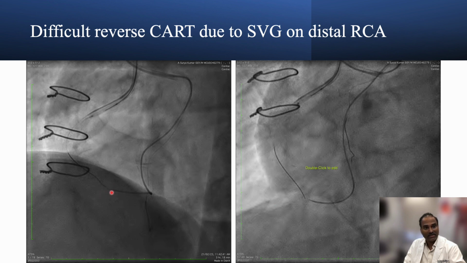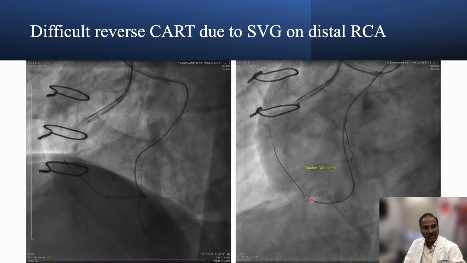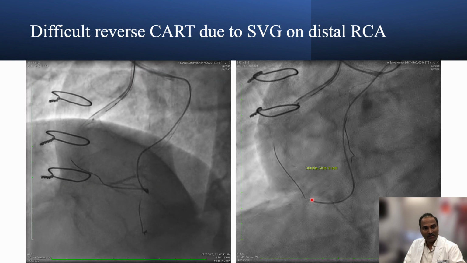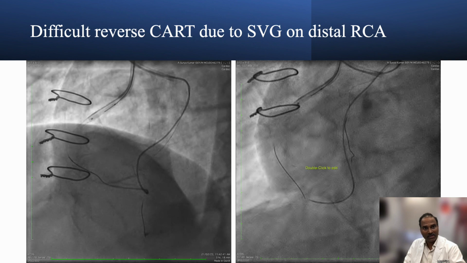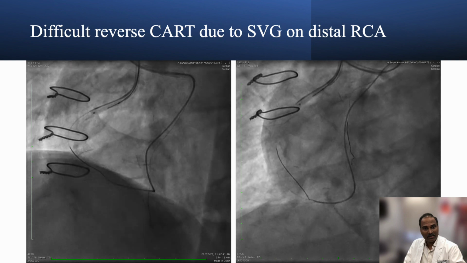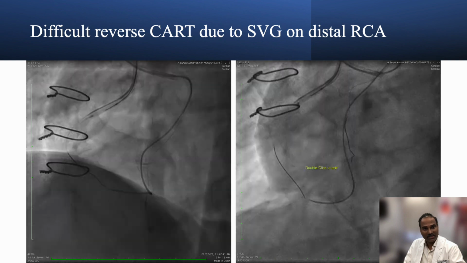We can see in these two orthogonal views how the antegrade and retrograde wires and microcatheter were sitting. Despite repeated attempts, we were not successful in reverse CART, mainly because of the SVG.